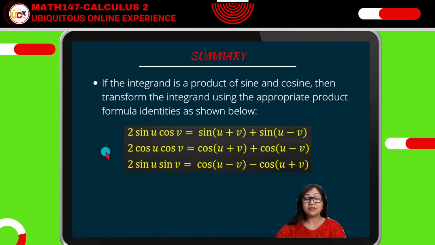If the integrand is a product of cosines, then use the second formula, which is 2 times cosine u cosine b equals cosine of u plus b plus cosine of u minus b. And lastly, if the integrand is a product of sines, then use the third formula, which is 2 sine u sine b equals cosine of u minus b minus cosine of u plus b.